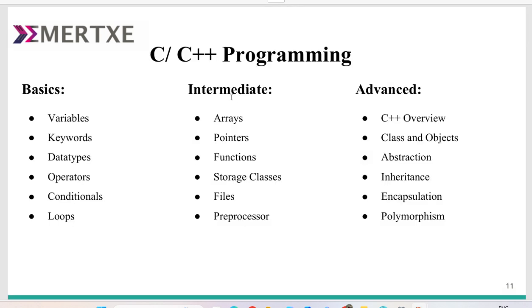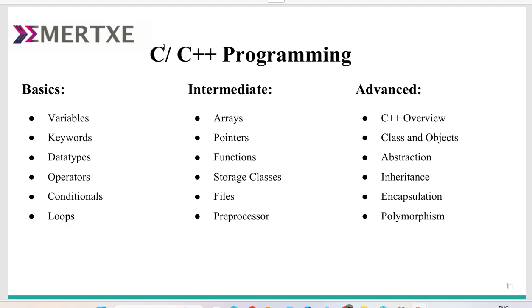Whenever we use embedded systems, we need to learn the C programming language and also C++. These programming languages are necessary to develop for devices like embedded devices.